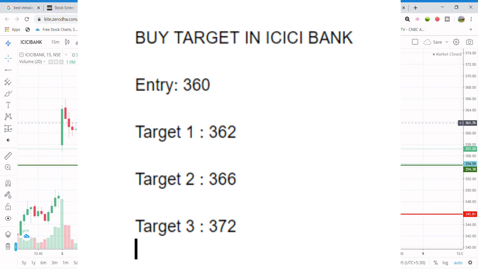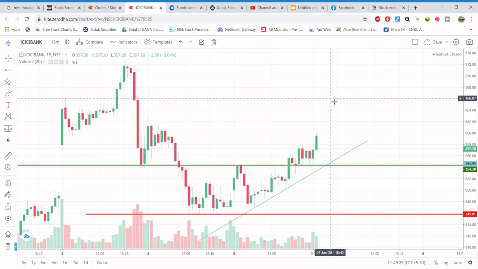If that happens to be a good move and it breaches that one, the next move will be really good. It is going to reach up to 365 or 366. So 2 targets, I will say. The first target would be 362 and the second target will be 366. Now that is for the long side people.